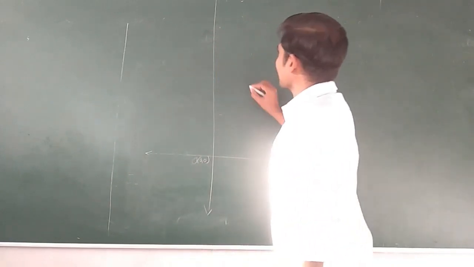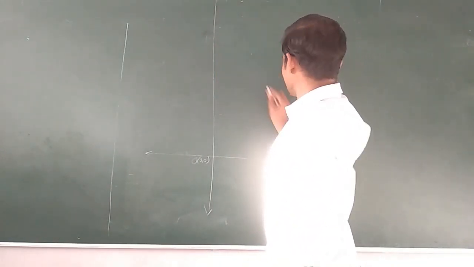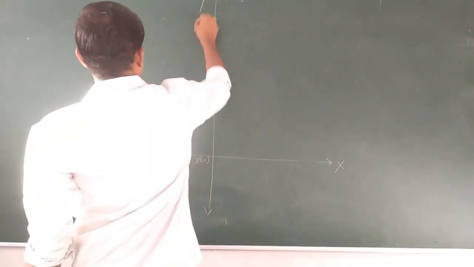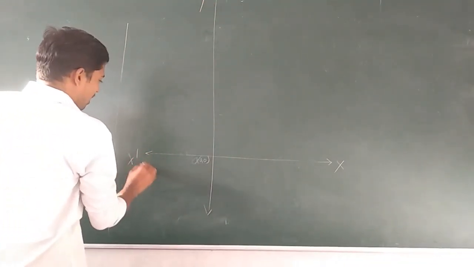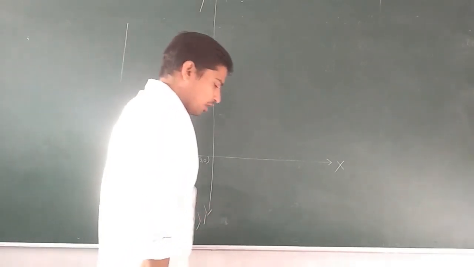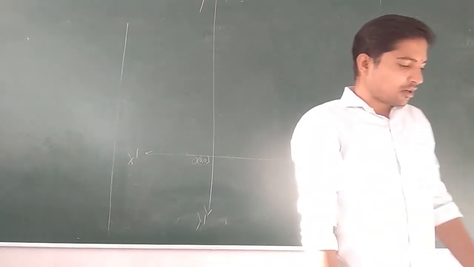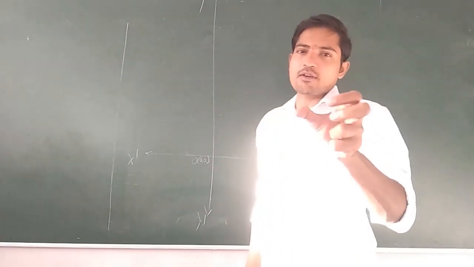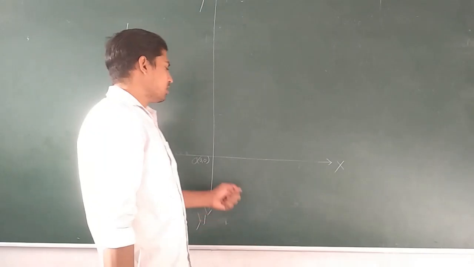This is the x-axis, y-axis, x dash, y dash. The intersection point of the x-axis and y-axis is the origin.